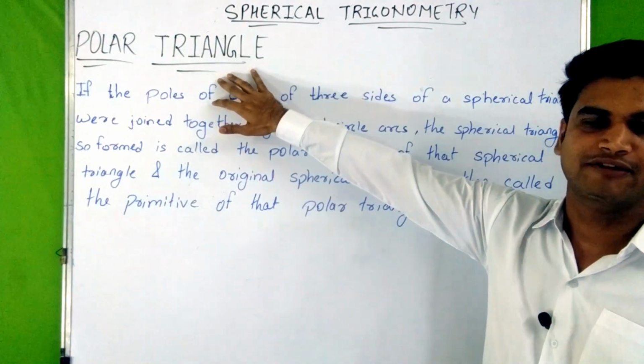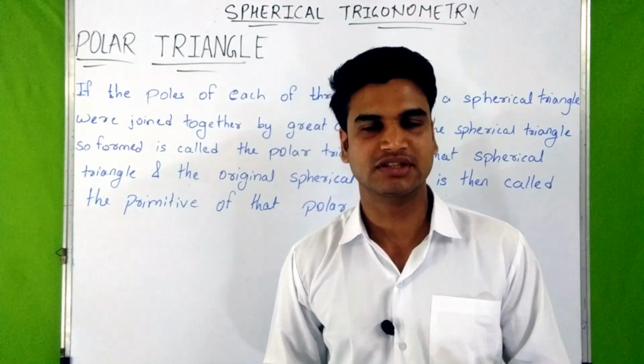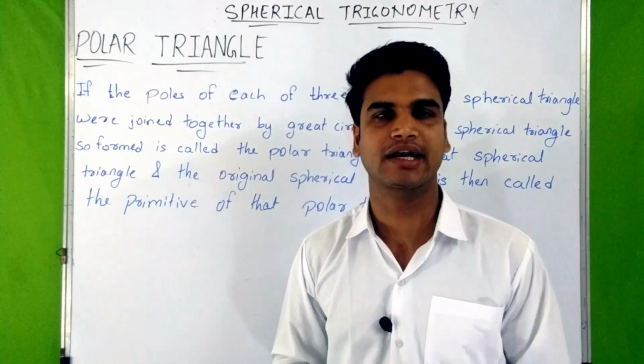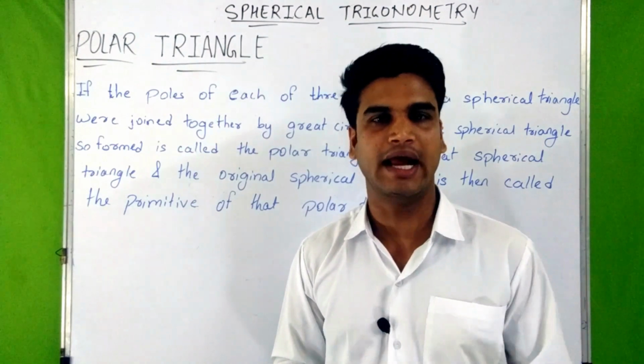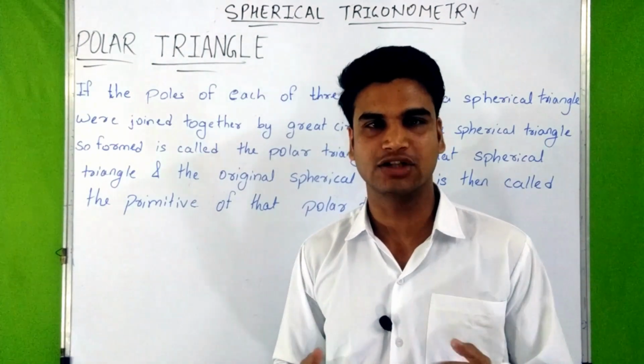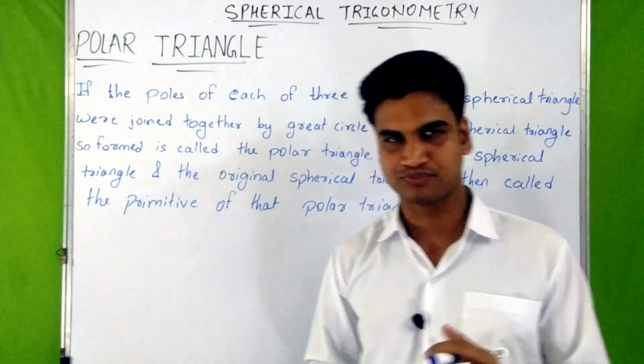One more point: we know that the pole of a great circle is the point which is equidistant, and hence 90 degrees, from any part of the circumference of that great circle. We also know that the side of a spherical triangle is an arc of a great circle.